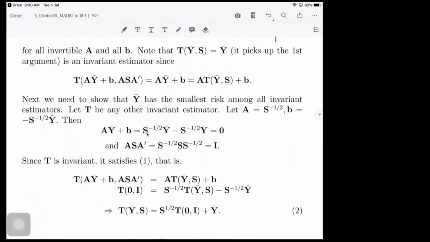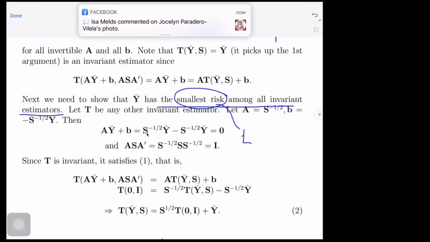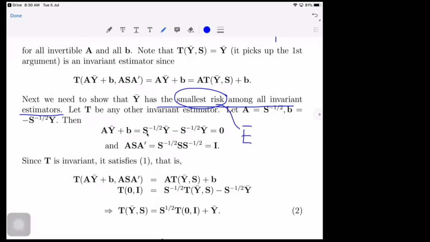And then to show that it is best, it should have the smallest risk among all invariant estimators. So when we talk about MVUE, we talk about the minimum variance, but when we talk about the best invariant, it should be the smallest risk. Now, the smallest risk is actually the expectation of your loss function.